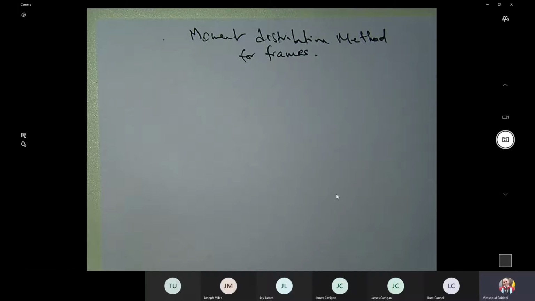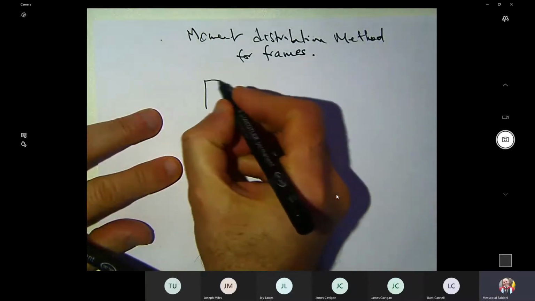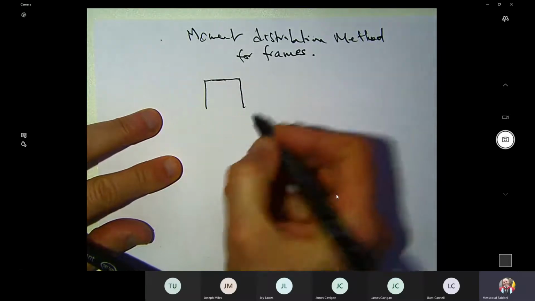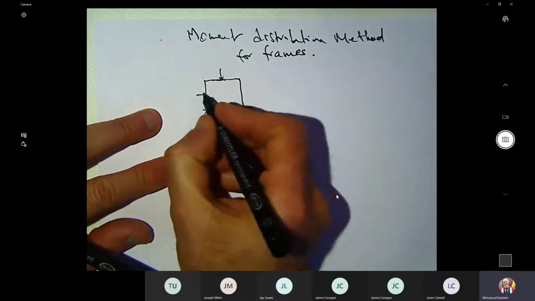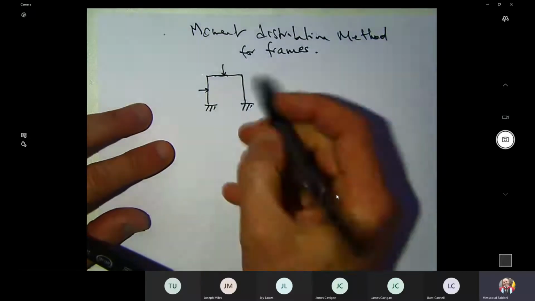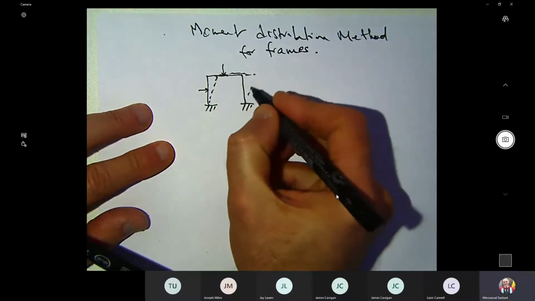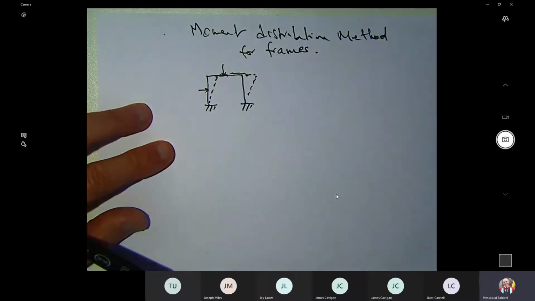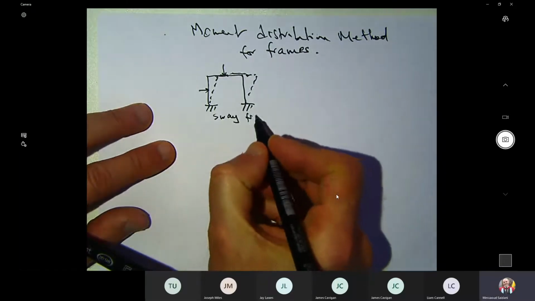because if you have a frame, let's say I take this frame here, for example, and I've got some loading. Let's say this frame is going to sway when you apply load. Do you agree? Yes. So we have a sway lateral movement. Okay, here we have a sway frame.